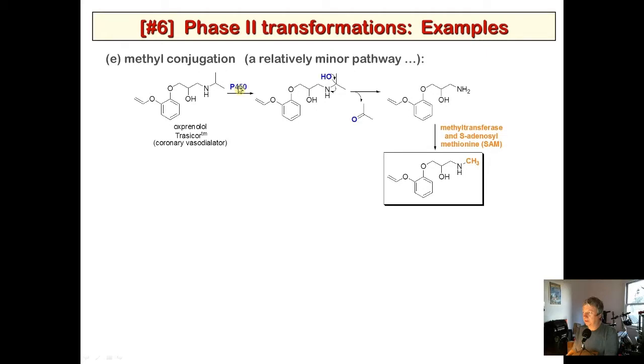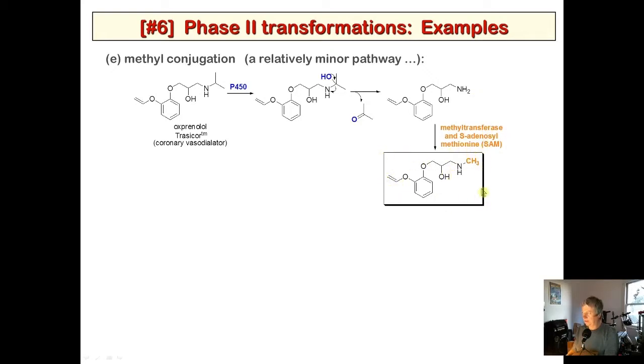So P450 oxidizes the CH, and it's doing a standard oxidative dealkylation that you're familiar with. So oxidize the CH there, and then the oxygen swings in, kicks off, and gives you an amine. So you get a primary amine. Well, anyway, this is a detectable metabolite.